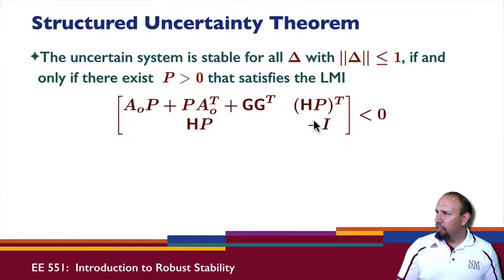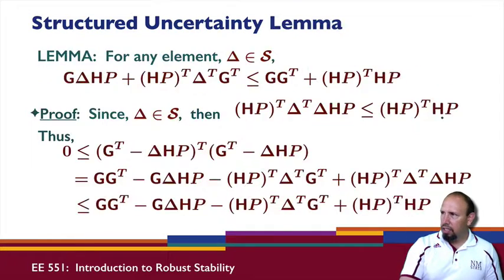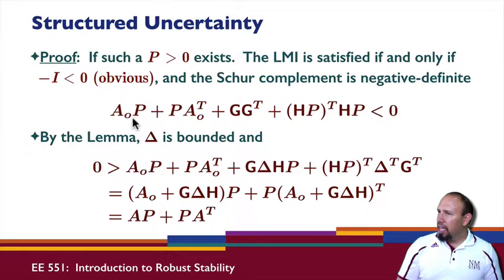So I have this being negative definite, and then the Schur complement of this being negative definite, which is all of this stuff, plus, because I have a minus here, this quantity transpose times this. Okay, and that must be negative definite. Okay, so we have this inequality is satisfied if the P exists and that linear matrix inequality is satisfied.